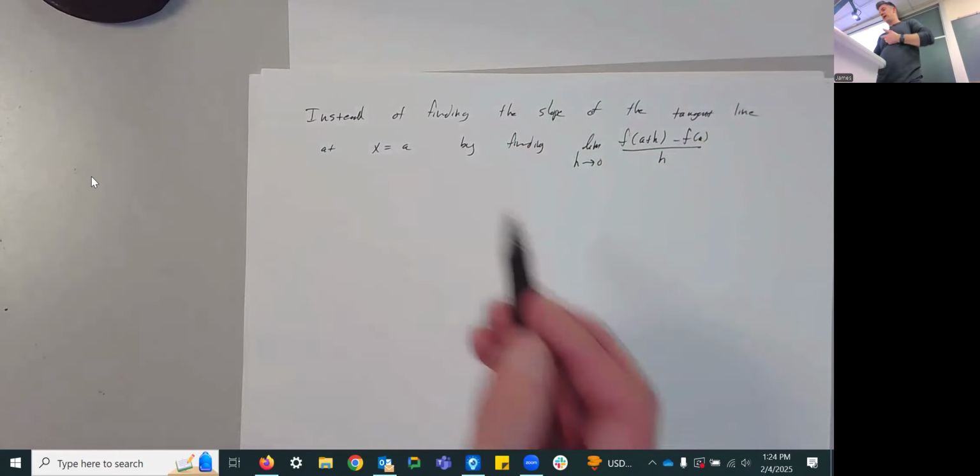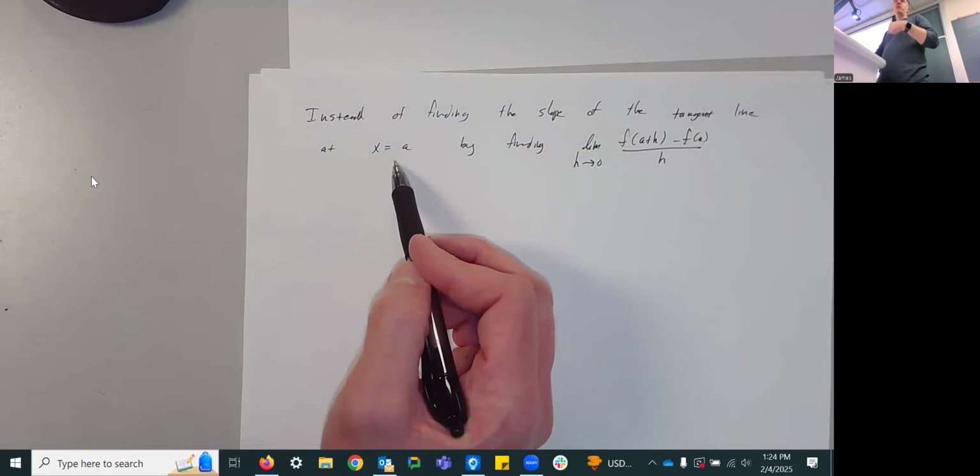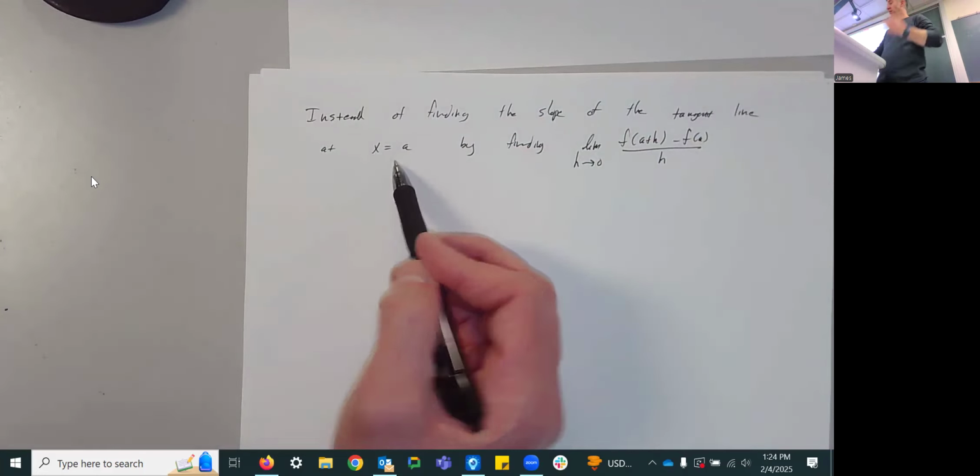So I'll point out here, yes, a looks like a variable because I'm not putting a number in for it, but we're supposed to imagine like we've put in 1 or 2 or 3. So there's a specific actual number that's going in there.